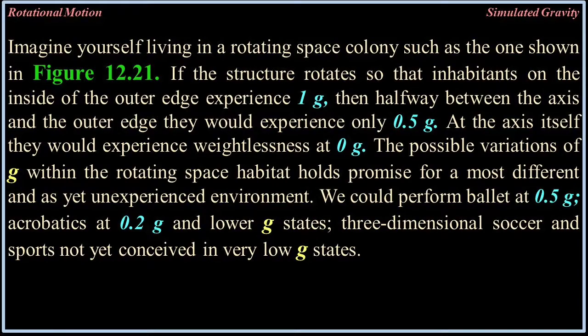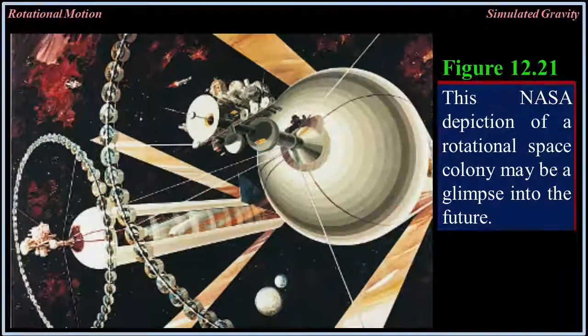Imagine yourself living in a rotating space colony such as the one shown in figure 12.21. If the structure rotates so that inhabitants on the inside of the outer edge experience 1g, then halfway between the axis and the outer edge, they would experience only 0.5g.